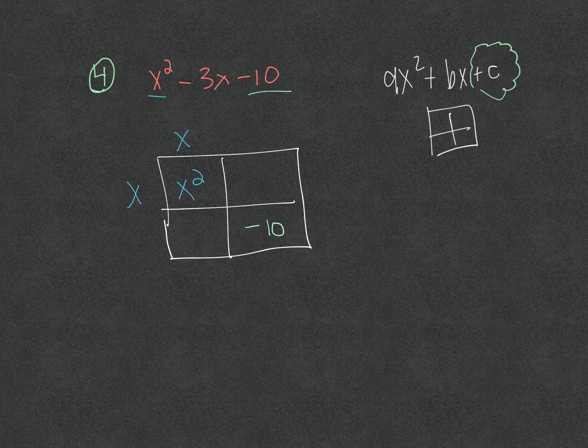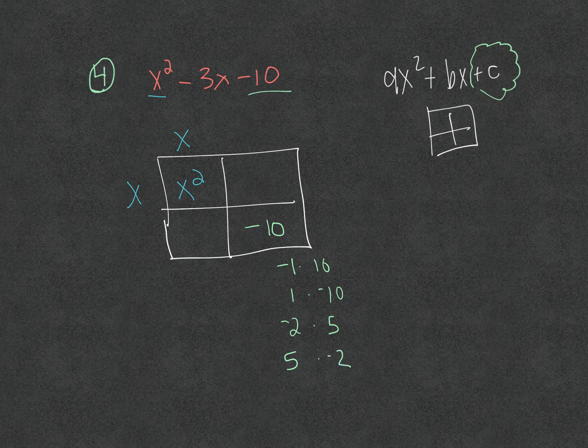So when I'm looking at the factors of 10, I'm either talking about negative 1 and 10, or 1 and negative 10, negative 2 and 5, or 5 and negative 2.